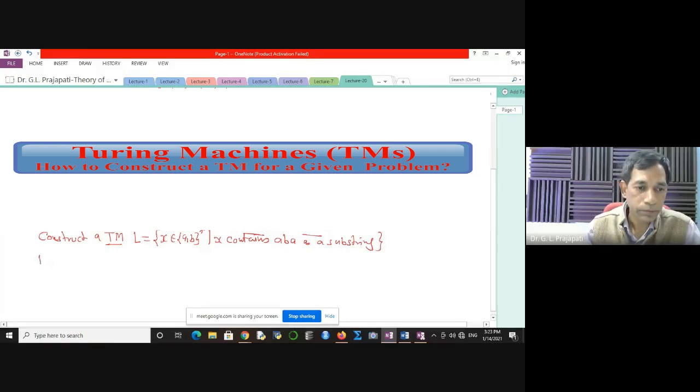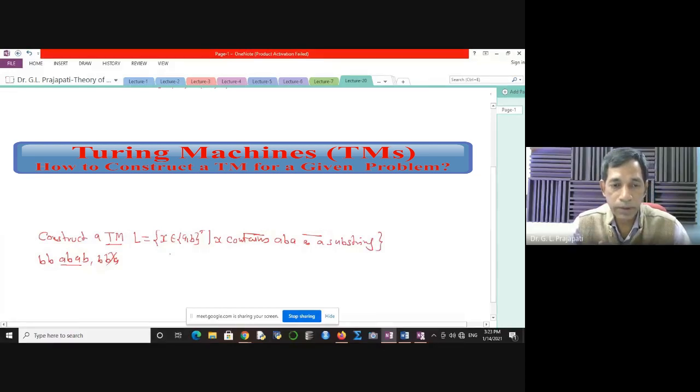Means like B, B, A, B, A, B is a valid sentence of this language because ABA is there. B, B, A is not a valid sentence because it does not contain the pattern ABA. So this language contains all such strings that have ABA as a substring.